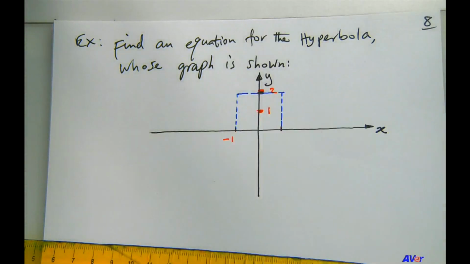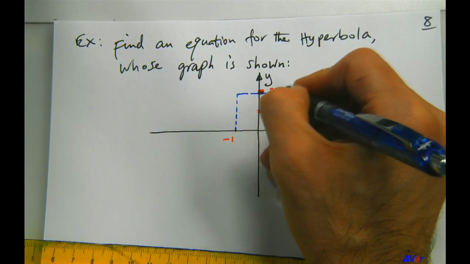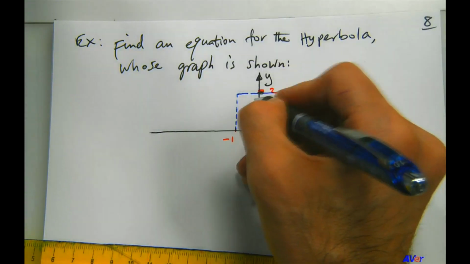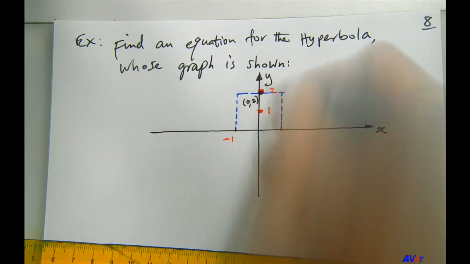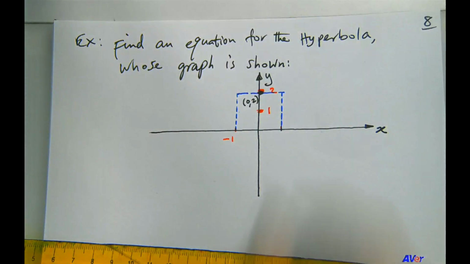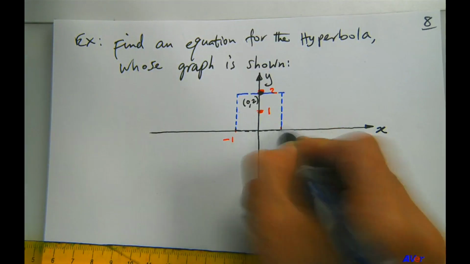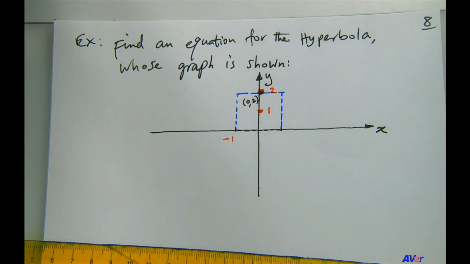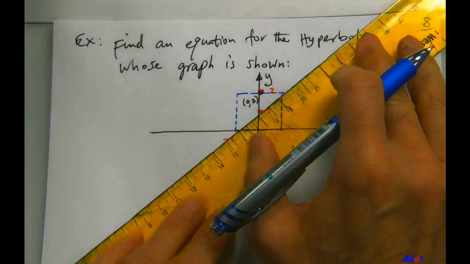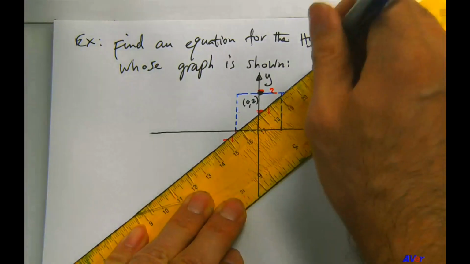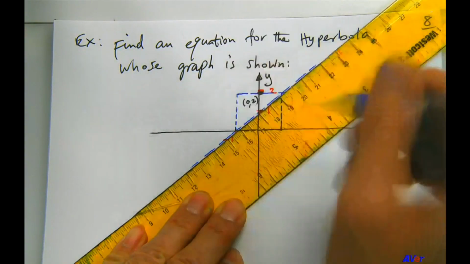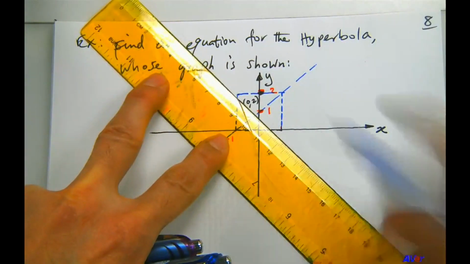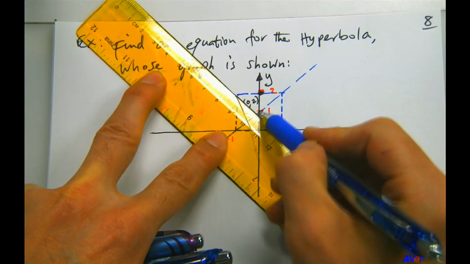I don't want to make the drawing too crowded, but that point is 0, 2. Then we are shown the asymptotes going like this, and another one going like this. So this is the center of the hyperbola right there at 0, 1.